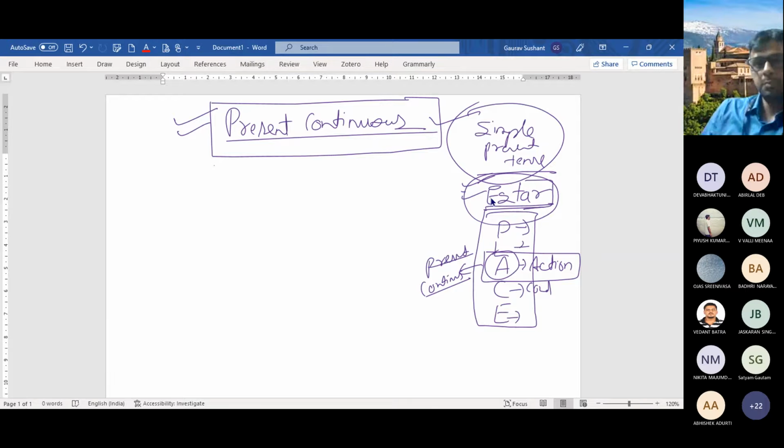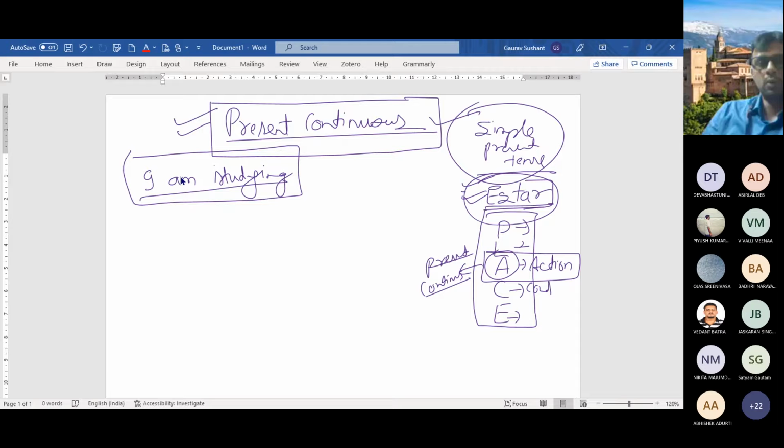So how will you use estar in present continuous? If you go by the structure of the sentence, for example, let's say, I am studying. I have taken a very simple sentence so that it is easy for all of you to understand.